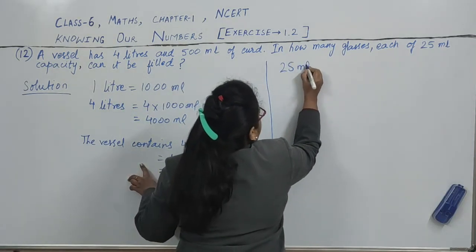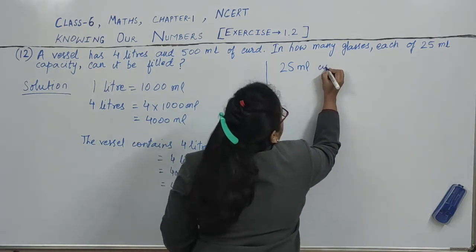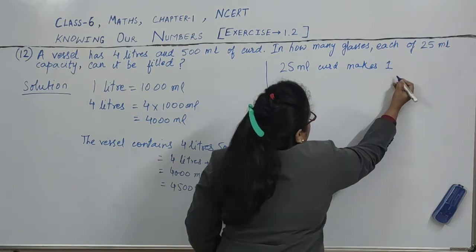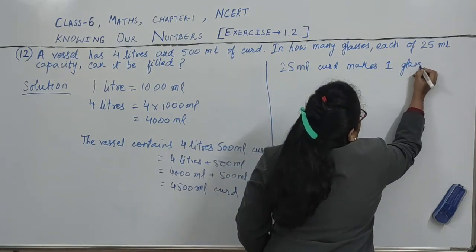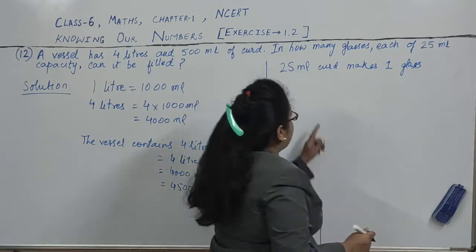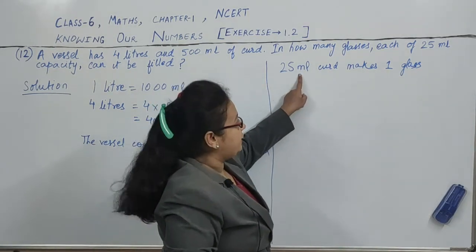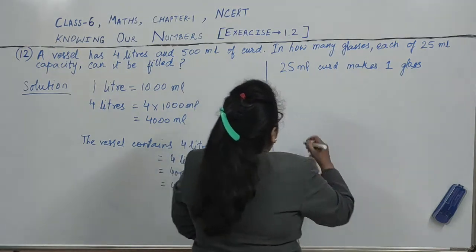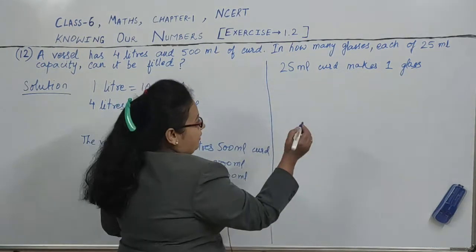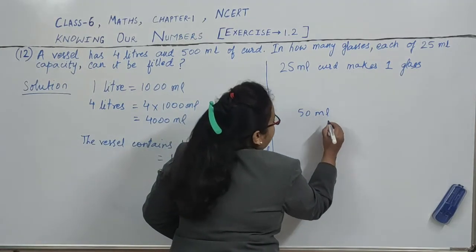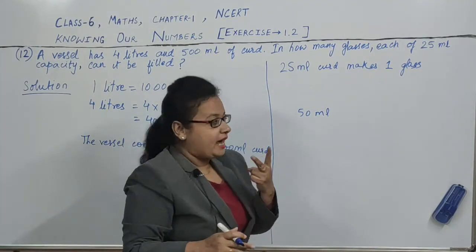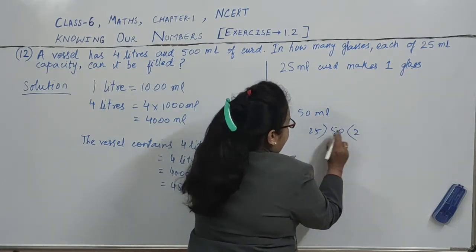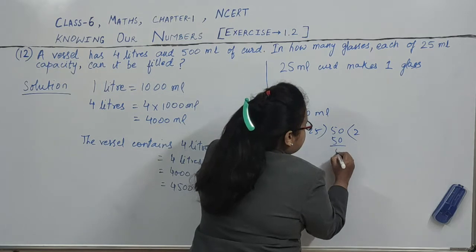Now 25 ml curd makes how many glasses? It makes 1 glass, because 1 glass contains 25 ml of curd. So in our example, 50 ml curd will make how many glasses? 50 ml will make 2 glasses because we divided 50 by 25, which gives 2, remainder 0.